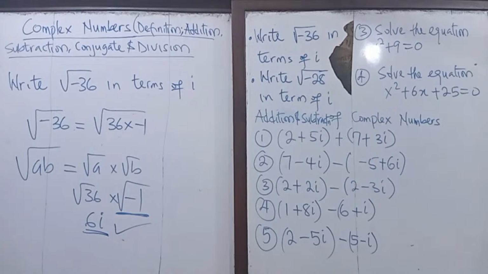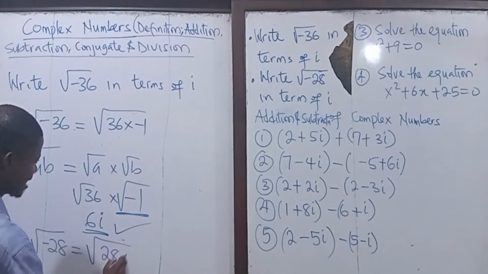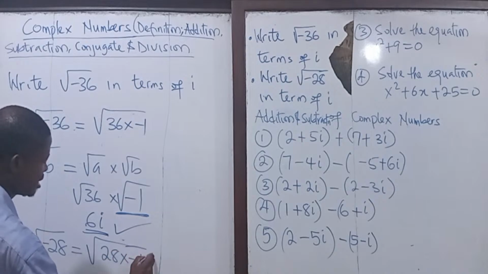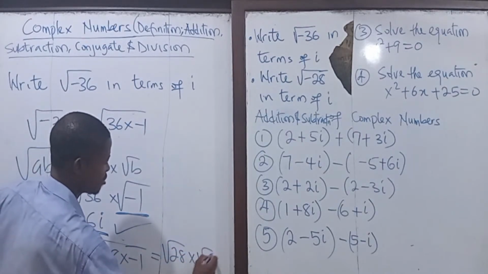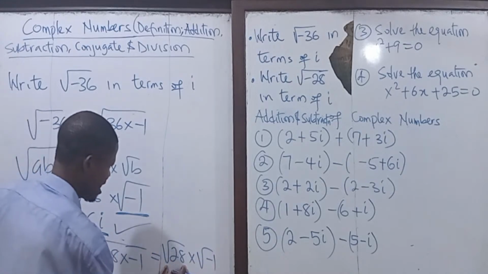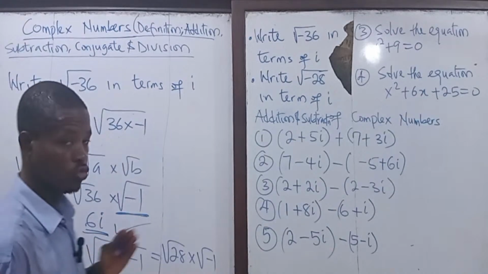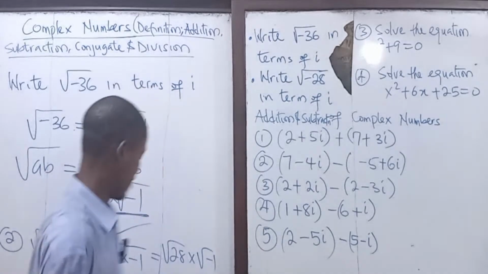Let's take another one. Root -28 will be equal to the square root of 28 times -1, which is root 28 times root -1. Root 28 we're going to make in two parts, such that one of the parts has a perfect square.